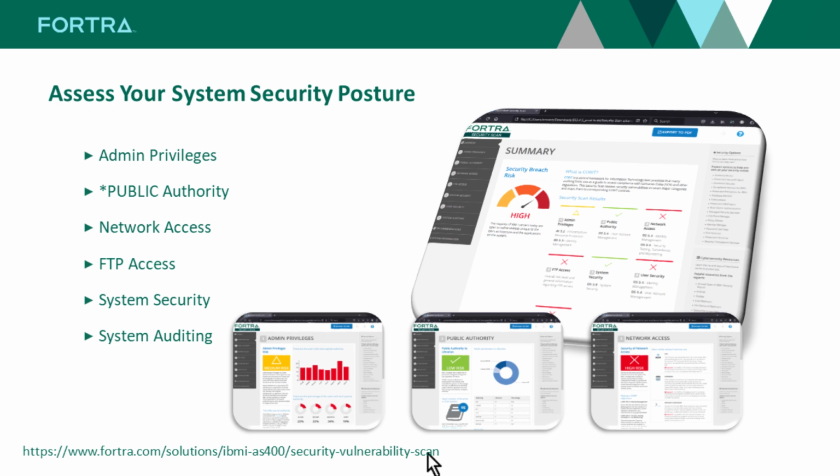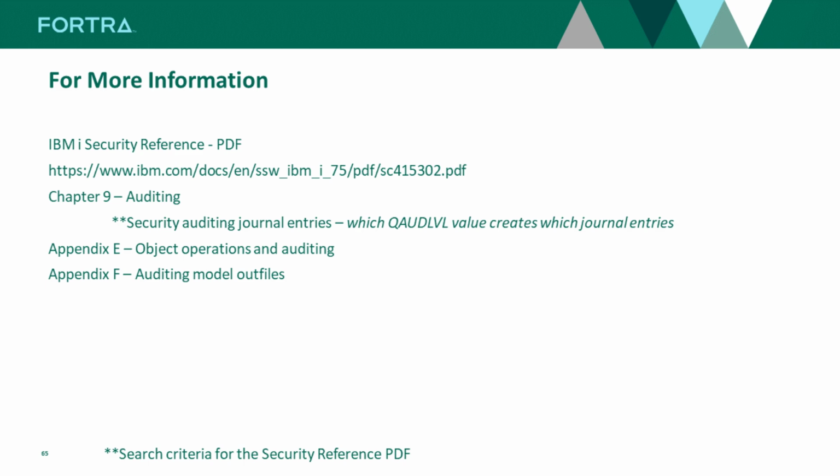So, Amy, can we go back to that? You kept referencing Chapter 9 of the security. Yep. Because our last question was, are there any supplemental resources you can recommend to learn more about the audit journal and ways to use it? Looks like this is a great list. Yeah, and this is certainly where I would start.